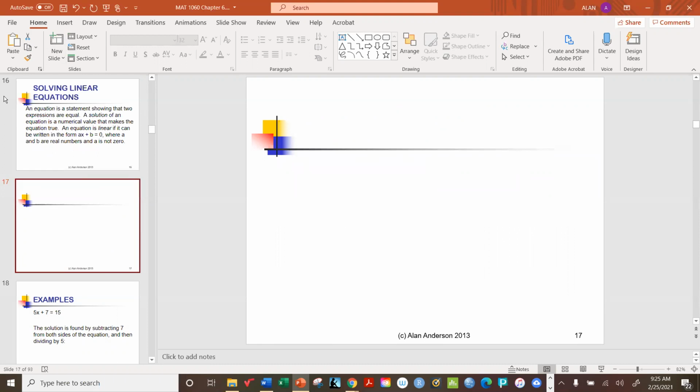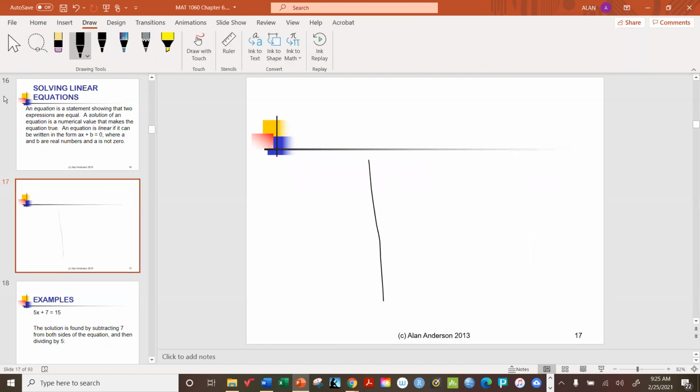Let's say that our equation is y equals 2x plus 4. Now you can see it crosses the horizontal axis here, but where is here? How do we know what that point is?